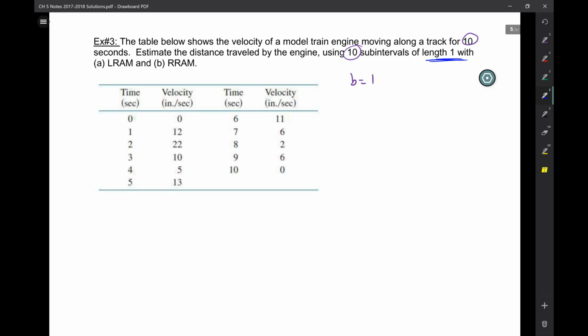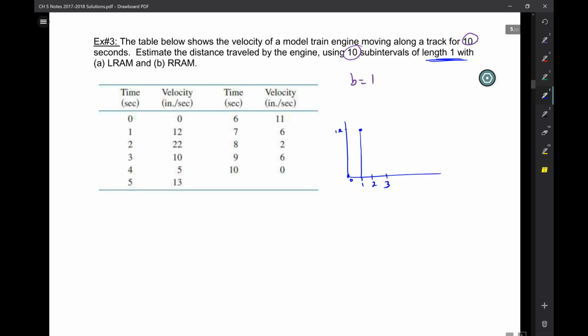Now, sometimes you're going to be given a table, sometimes you're going to be given a graph. So remember, how does a table relate to a graph? Right. So it's 0, 1, 2, 3. So here, 0 is 0, and 1 is at 12.